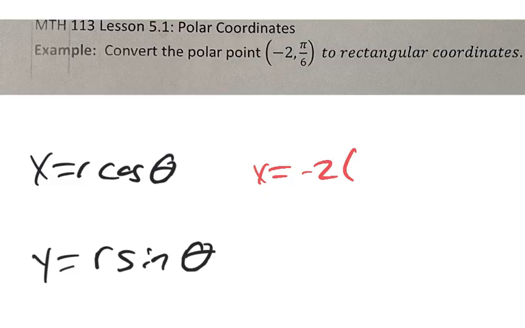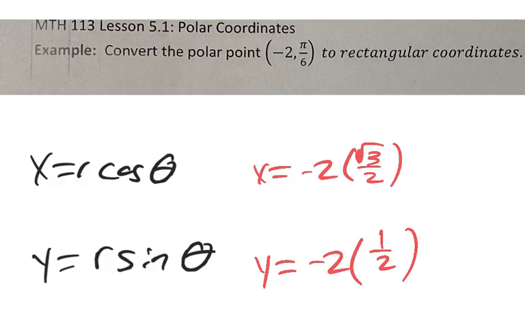Pi over 6 is a 30-degree angle in the first quadrant. Cosine would be positive. Cosine of 30 is radical 3 over 2. Y equals radius, negative 2, times sine of pi over 6. First quadrant's positive. Sine of 30 is a half. So this means my x-coordinate is negative radical 3. My y-coordinate is negative 1.